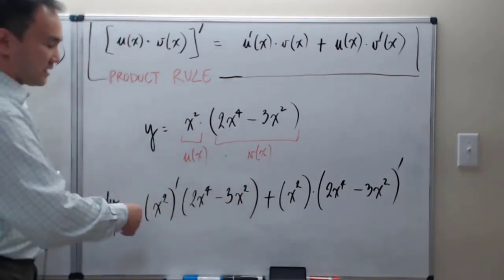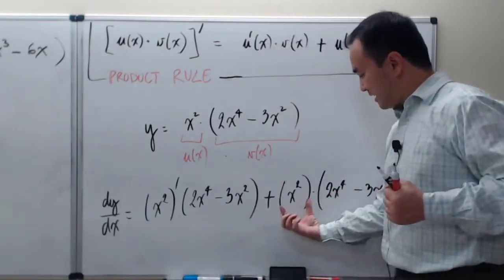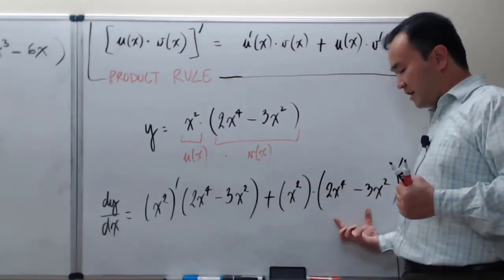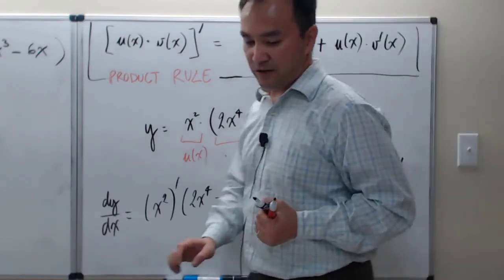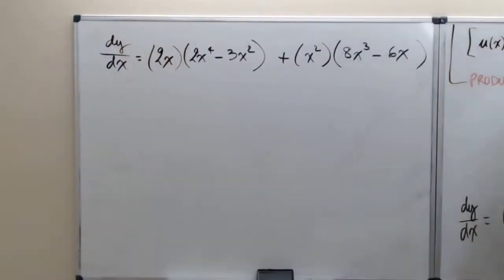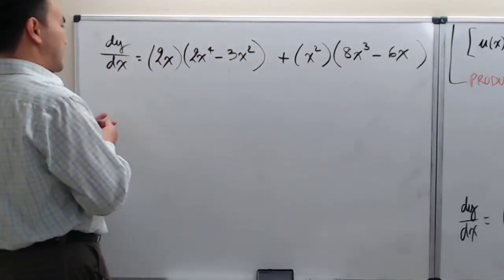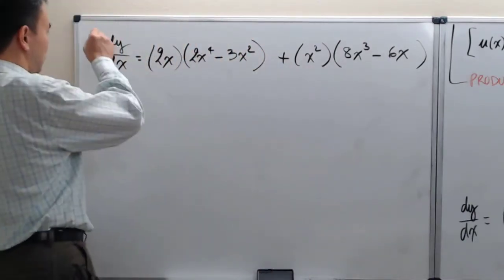The same for this: now x squared is in the role of u, but now I put the prime on my function v. That's how it turns out, and as far as getting the derivative, we're done.